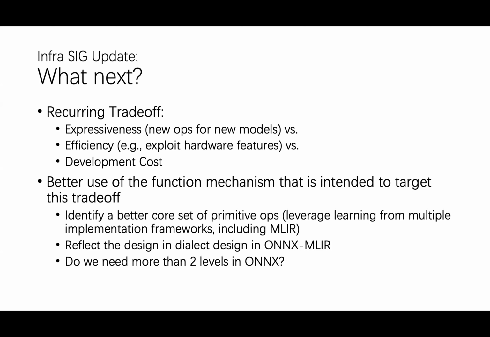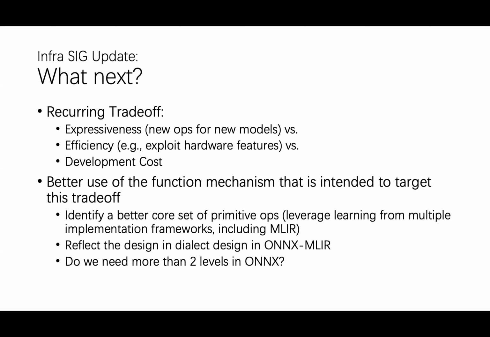So the construct exists, and going forward, we would like to make use of the function construct more effectively. In particular, we would like to identify a core set of primitive ops that can be used to express other ops as functions of these primitive ops.